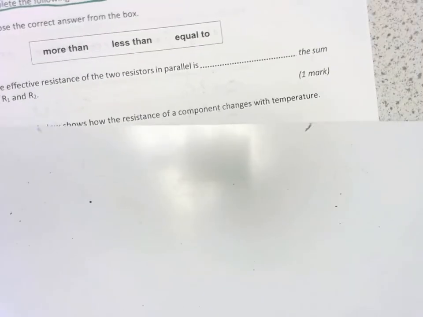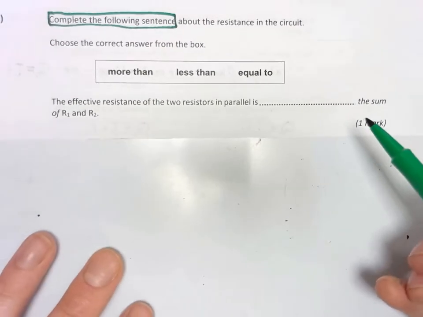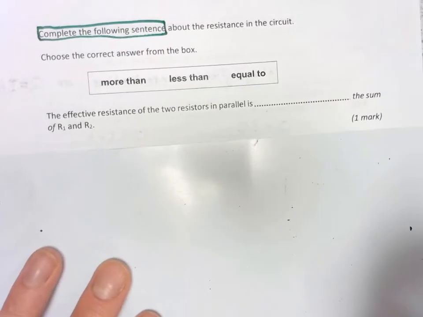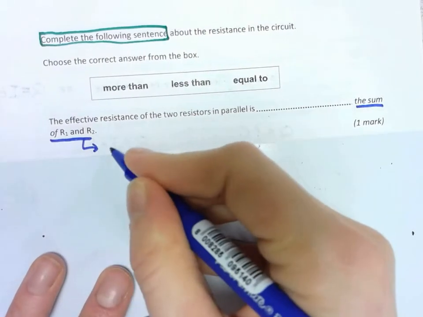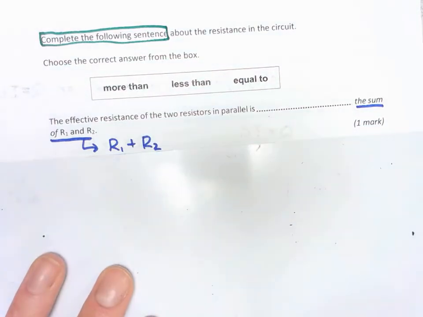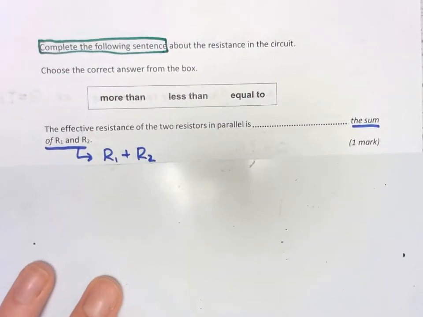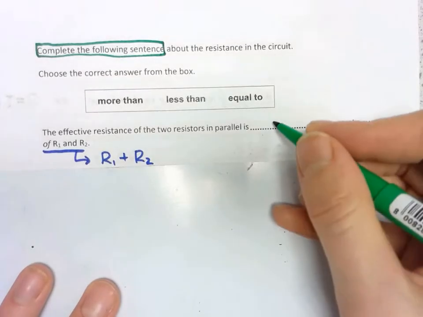If it's lower than the lowest resistance, it also has to be lower than the sum of R1 and R2, which means R1 add R2. So if you add them together, you must have a bigger number than just the smallest one, so we need to say less than.